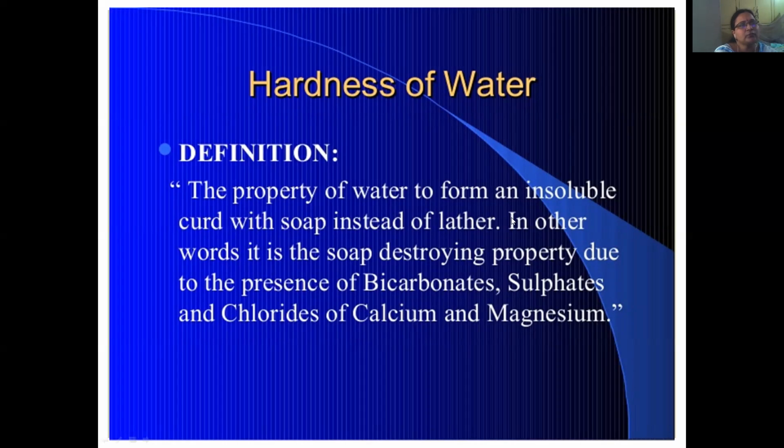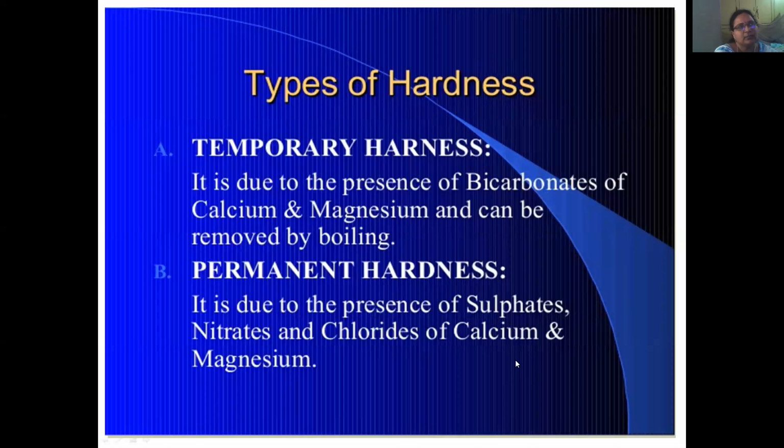So hardness is the property of water to form an insoluble curd with soap instead of lather. In other words, it is a soap destroying property due to the presence of bicarbonates, sulfates, and chlorides of calcium and magnesium. Hardness is again of two types, temporary hardness and permanent hardness. Temporary hardness is due to the presence of bicarbonates of calcium and magnesium and can be removed by boiling.